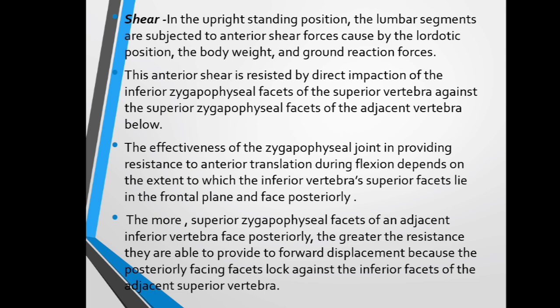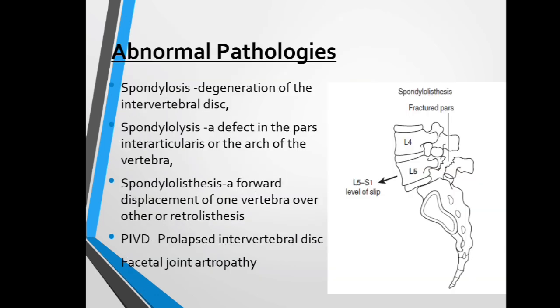So it provides resistance to anterior translation during flexion, which depends on the extent to which the superior facets of the inferior vertebra lie in the frontal plane. The more the superior zygapophyseal facets of the adjacent inferior vertebra face posteriorly, the greater is the resistance.